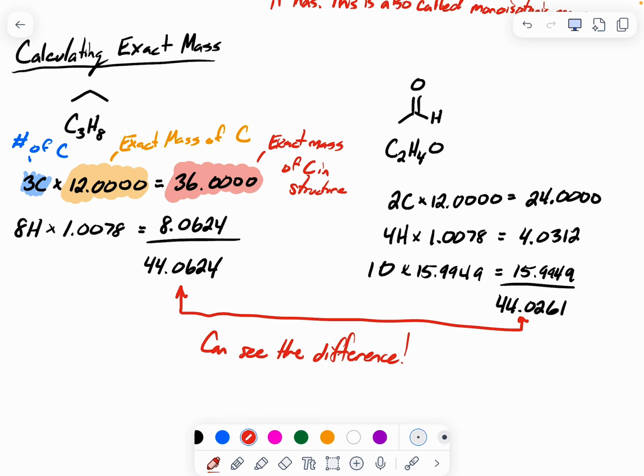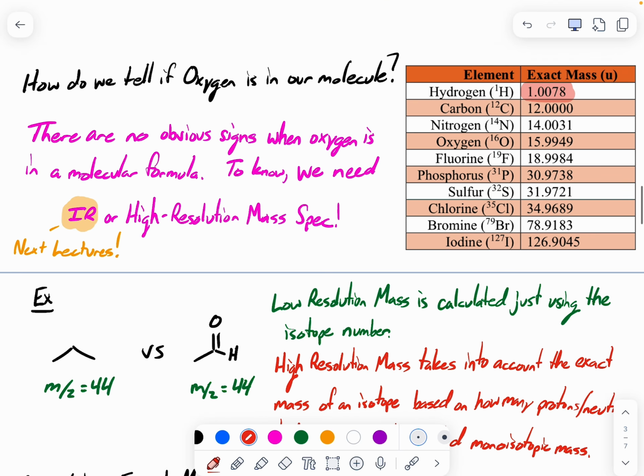And the other thing is it's still hard to figure out what elements are actually present in there. So exact mass, if you ever do research in something like organic chemistry or analytical, this will come in super handy. But for us in this course specifically, for identifying if an oxygen is present within a molecule, we're going to be heavily relying on IR. That is going to be our key tell whether or not an oxygen is present.